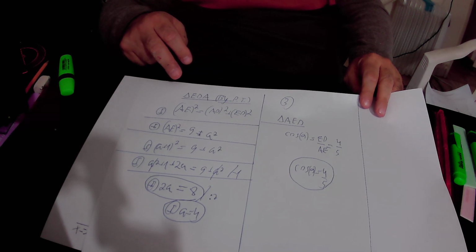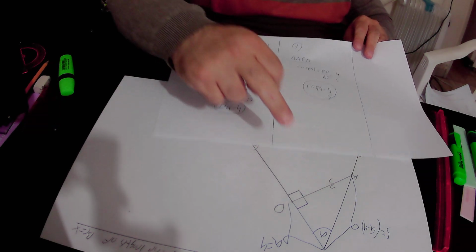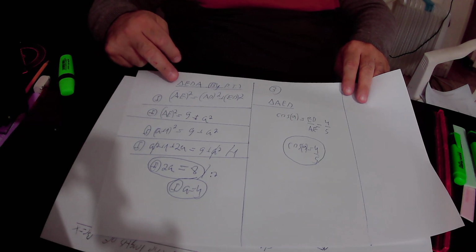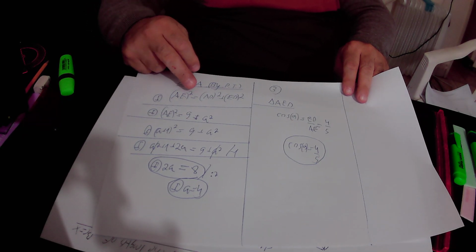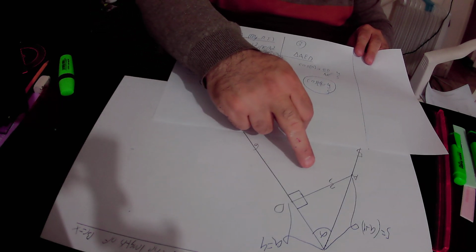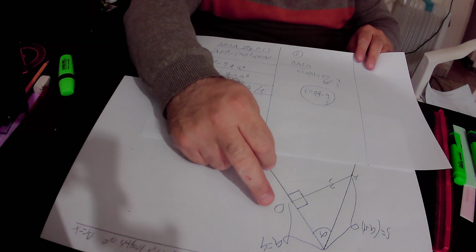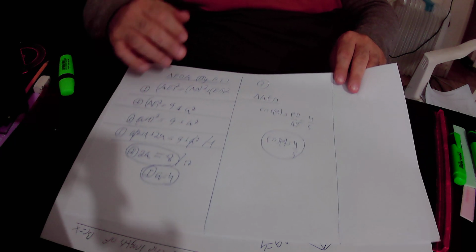AE squared is the missing variable. Also, AE squared equals AD squared. AD equals 3, so AD squared is 3 squared, that is 9, plus ED squared. ED equals A, so ED squared is A squared.